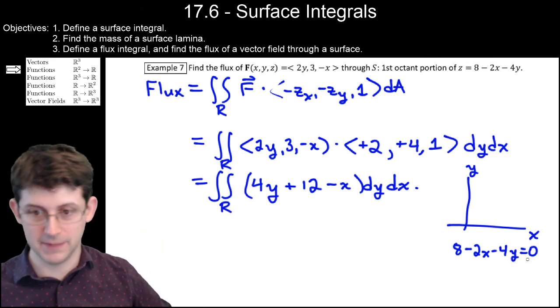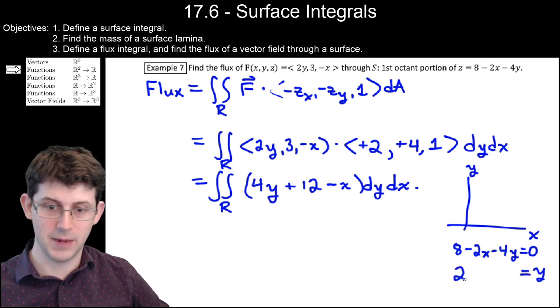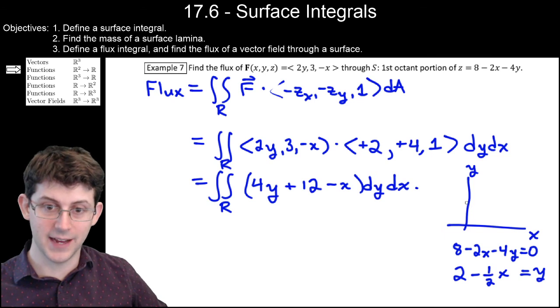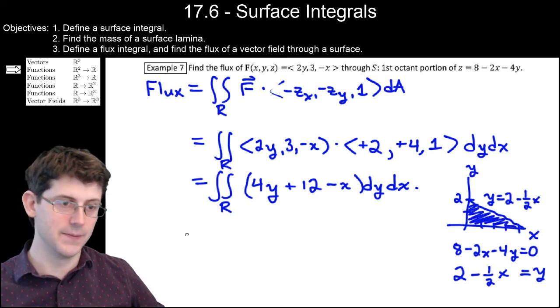I'm not sure. Well, I'm going to solve it for y. So I'll add 4y over to the right side and then divide by 4. I get that y is 2 minus a half x. So it starts at y equals 2 and goes down with a slope of minus a half. This is y equals 2 minus a half x. And the region is this one here. So this is my region R.